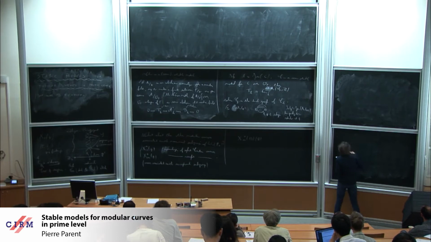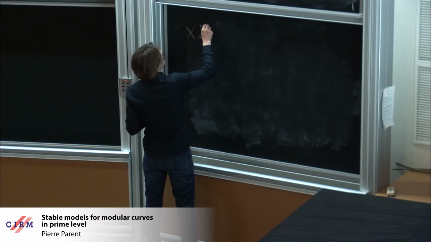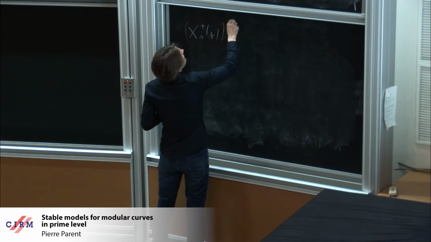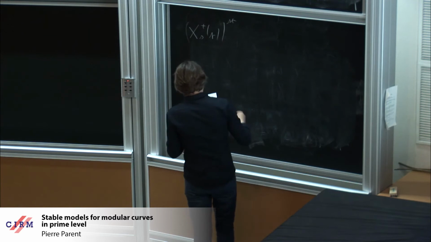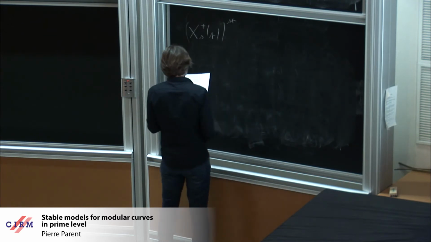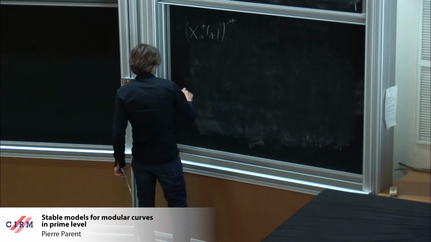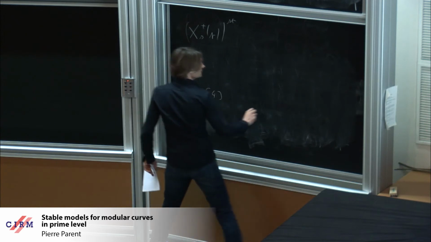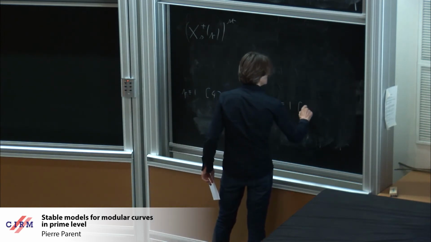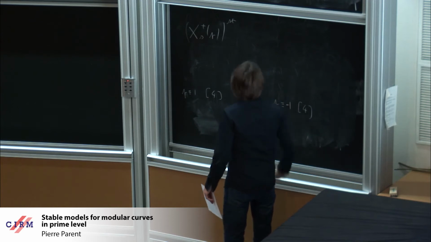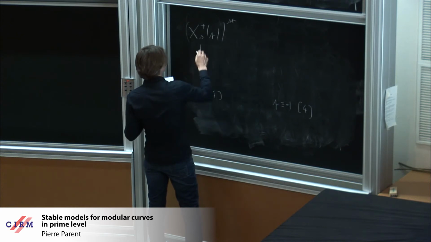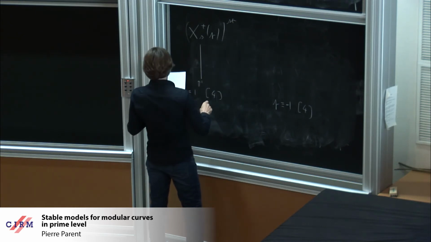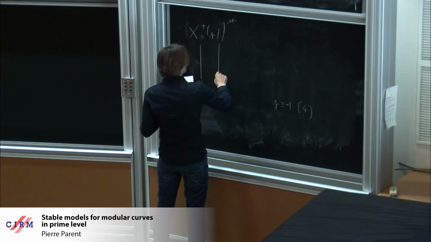So for the curve X split plus P, one can describe a stable model or semi-stable model which has the following shape. So there is a dichotomy depending on the class of P mod 4. So if P is 1 mod 4, there are three vertical components.